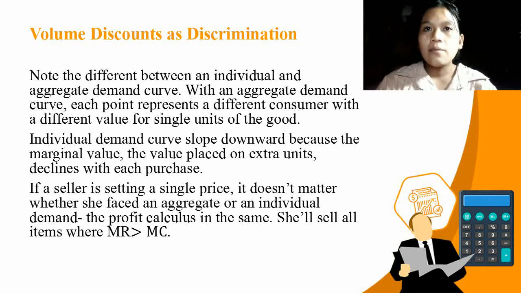Then bargain over how to split the resulting surplus. The consumer's total value for 6 units is $27. How did we get that? $7 plus $6 plus $5 plus $4 plus $3 plus $2.